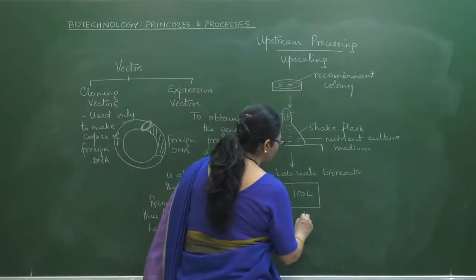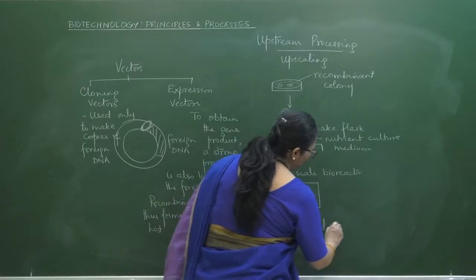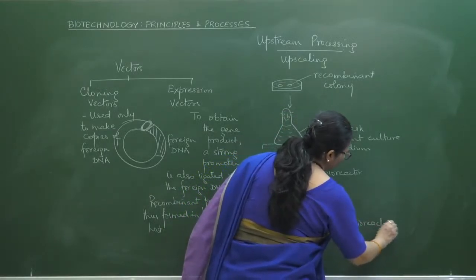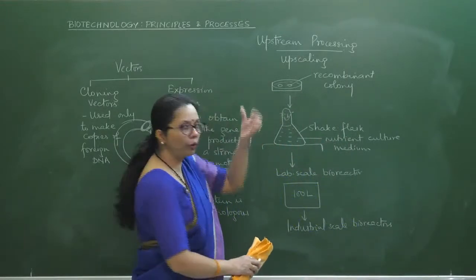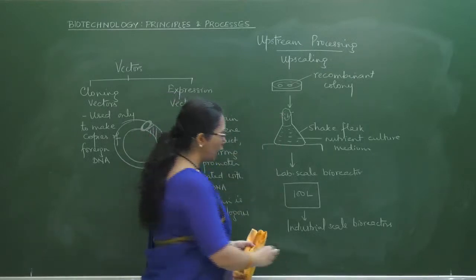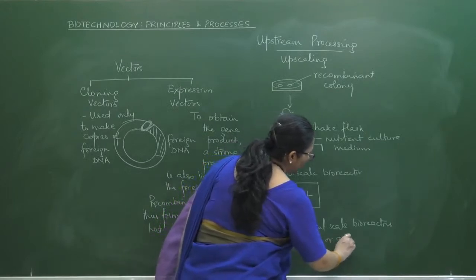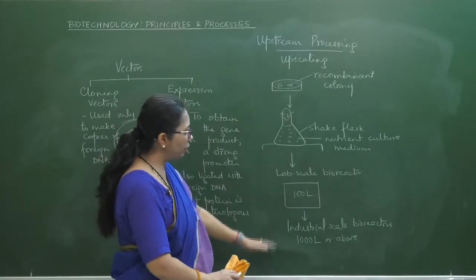So from here to industrial scale bioreactors it is going to be transferred. So this is going from a small petri dish to this level, where the capacity, as I said, is 1000 liter or above. So that's what is upstreaming. Okay, so this is upstreaming.